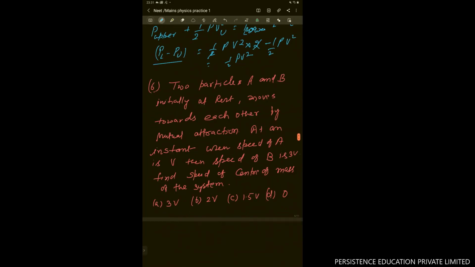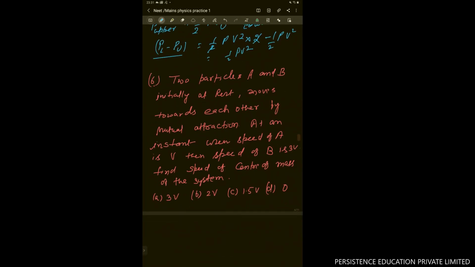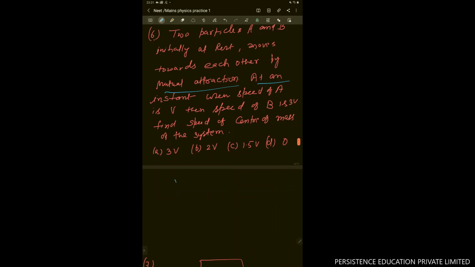Now, two particles A and B, initially at rest, move towards each other with mutual attraction. When you are talking about mutual attraction, if body 1 is experiencing a force F, then body 2 will also be experiencing a force of magnitude F in the opposite direction. So F net is 0.